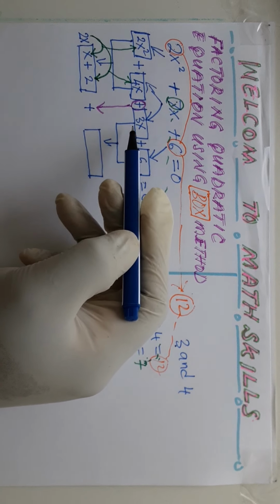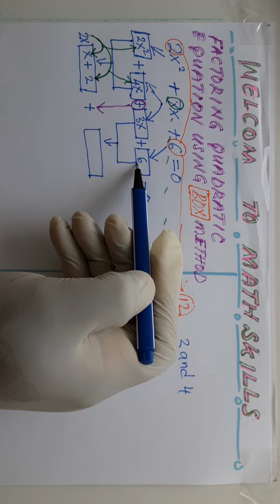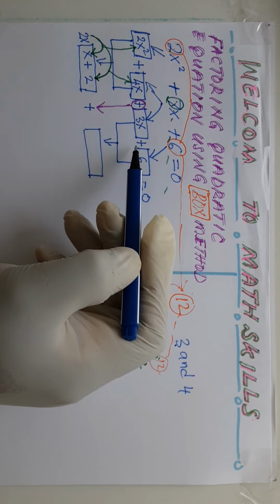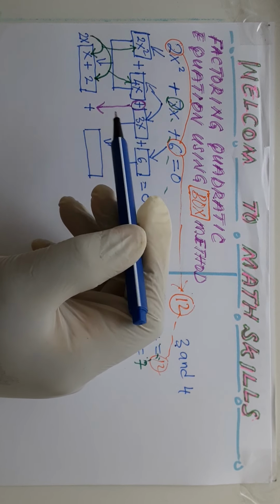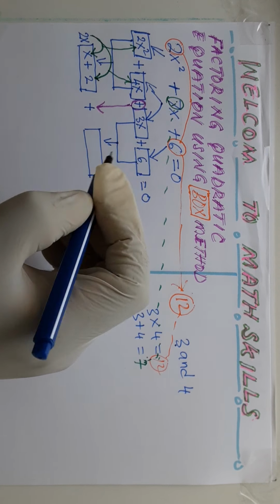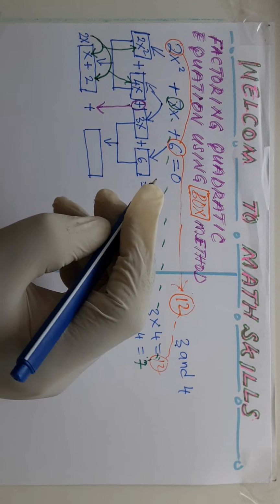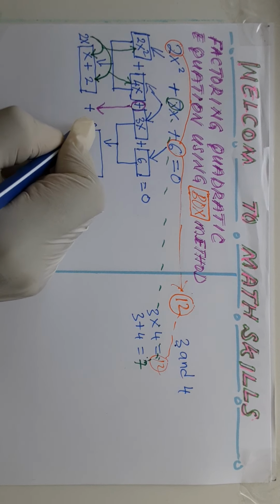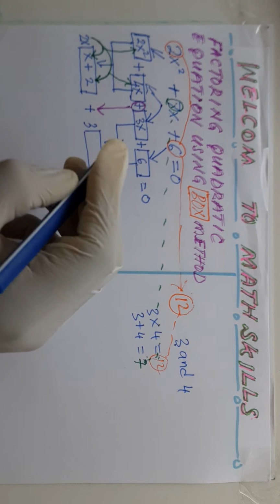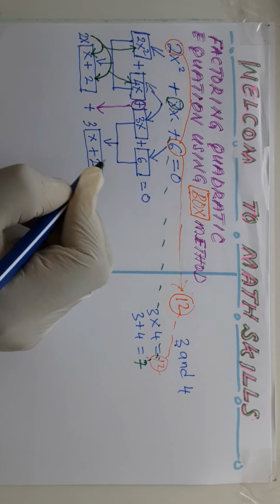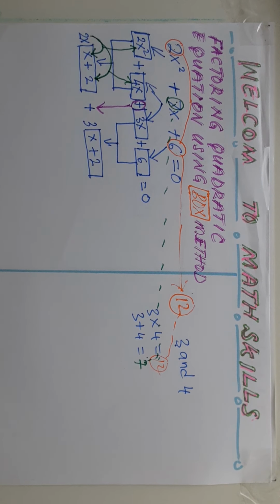Now we are comparing 3x plus 6. Which is common between 3x and 6? I think it's a 3. Is that right? Yeah. So let's put a 3 outside, and let's put x plus 2. Let's verify if we are correct.